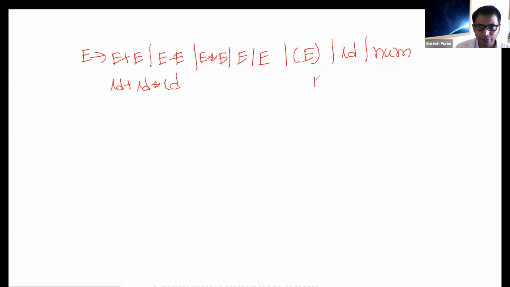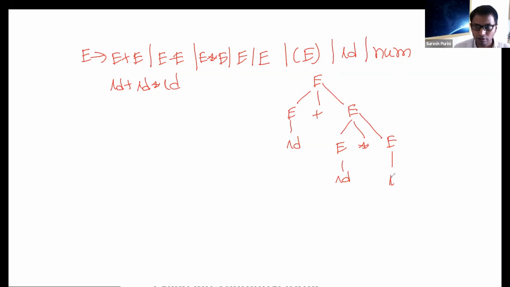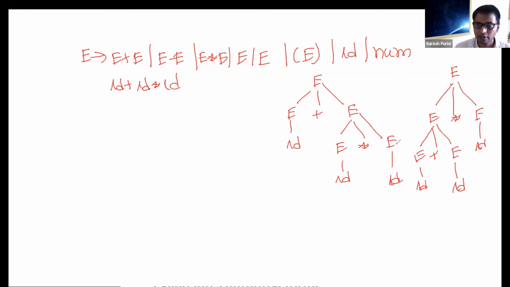One is E goes to E plus E, with the second E going to E star E. Another way of doing it is E goes to E star E, with the first E going to E plus E, and these are ids. The AST for this one is this.